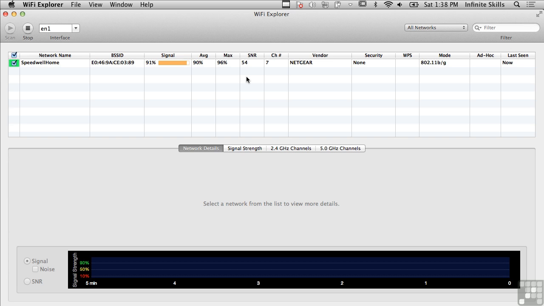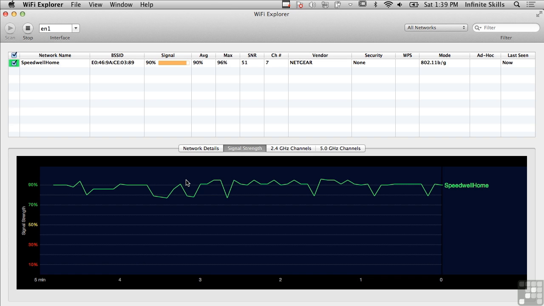With Wi-Fi, since they're radio frequencies, you don't know who you're connecting to without there being a name associated with it. And so there's an SSID. Now, in this case, you can see the channel that's associated with it. It actually gives me a signal strength as well. And I can go to a signal strength graph. Here I've got a signal strength graph for this particular SSID.